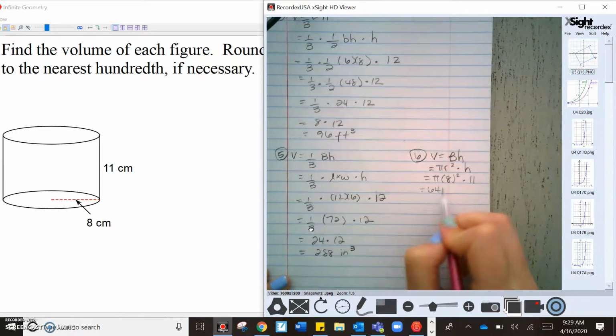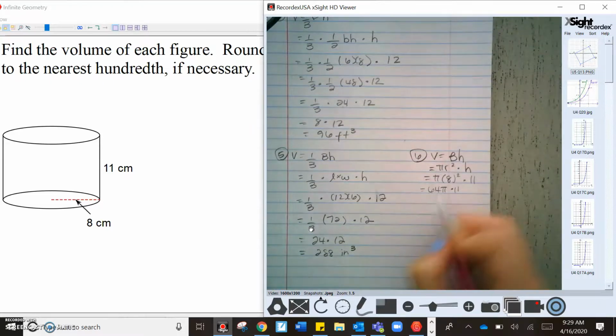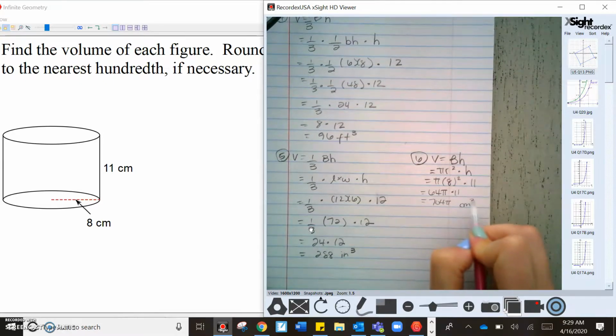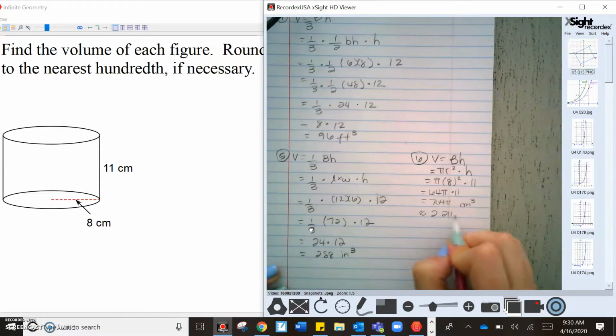So 64 pi times 11 is 704 pi centimeters cubed. The directions do say to round to the nearest 100th, so I'll multiply that 704 by pi and get that decimal equivalent.